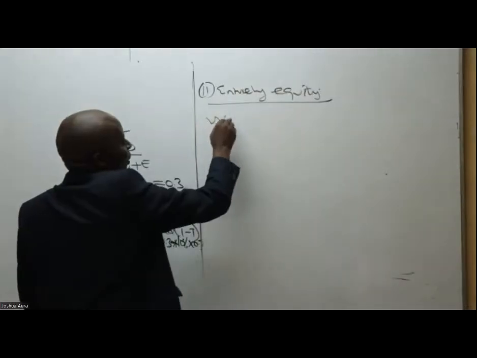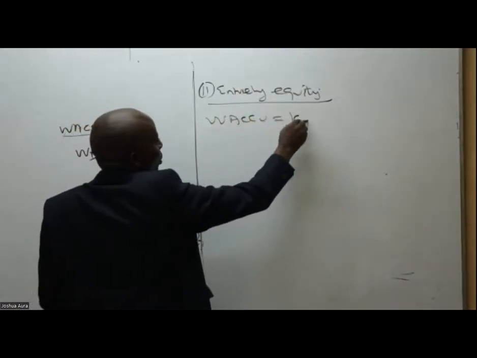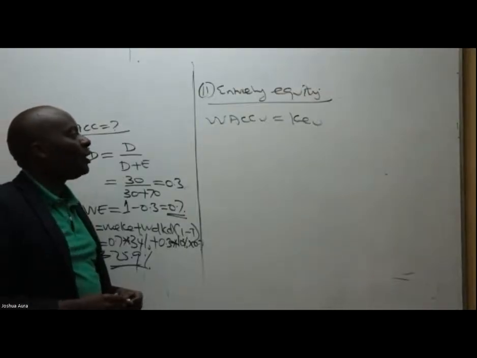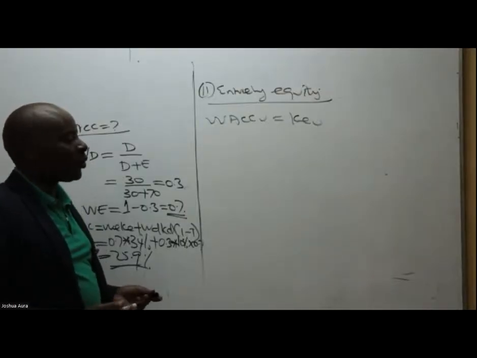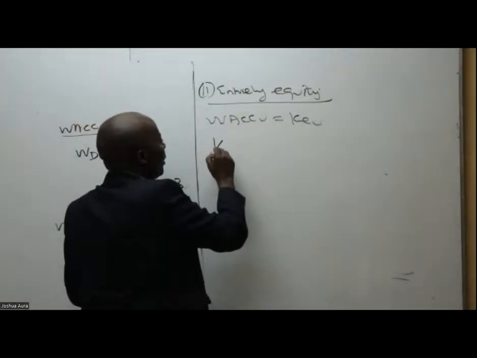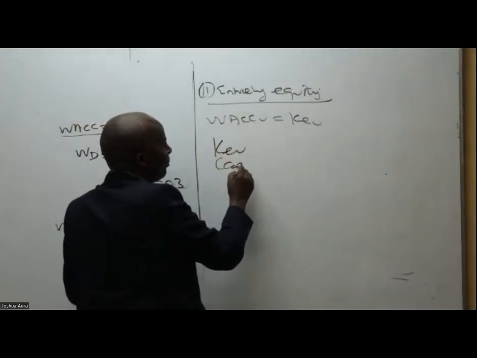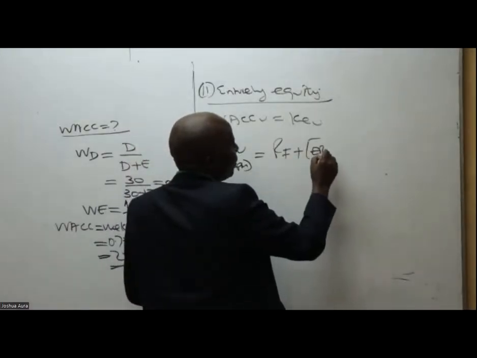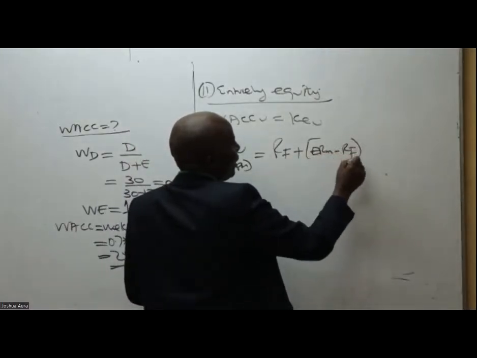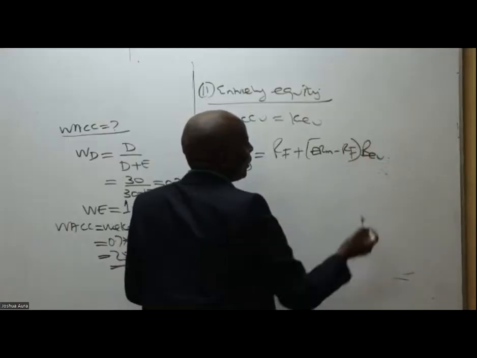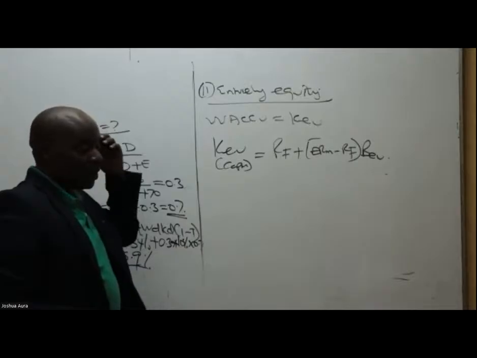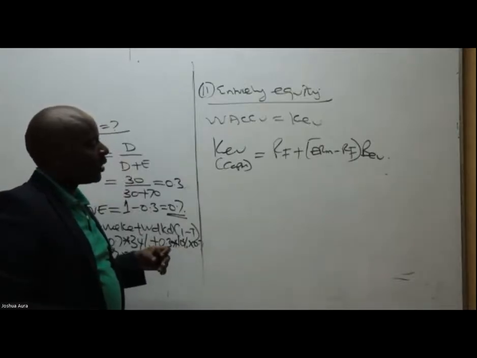Entirely equity, I know WACC of the unlevered firm equals Ke, the cost of equity. To get Ke using CAPM, I take the risk-free rate plus market returns minus risk-free, multiplied by beta. I do not need a lot of workings here.